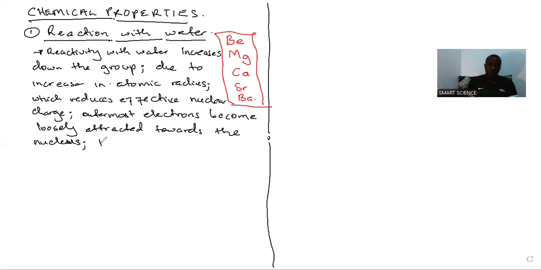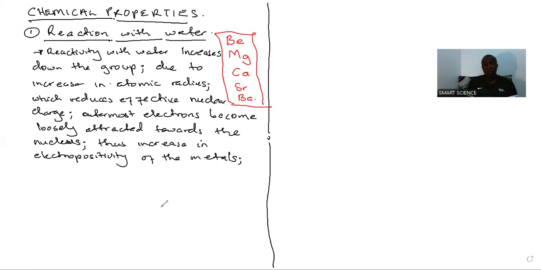And because of that, there is increase in electropositivity of the metals. And because there is increase in electropositivity, definitely reaction with water will increase as we move down the group.